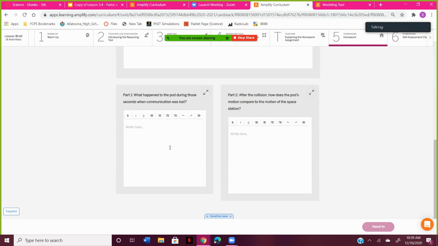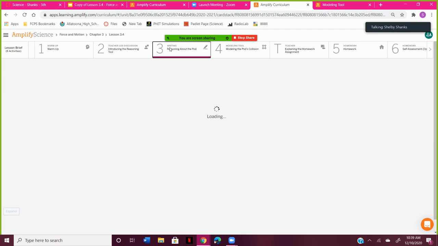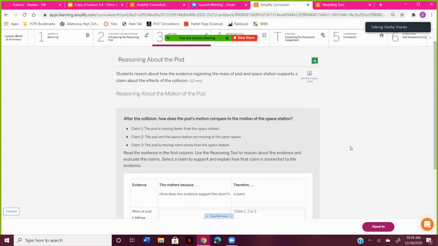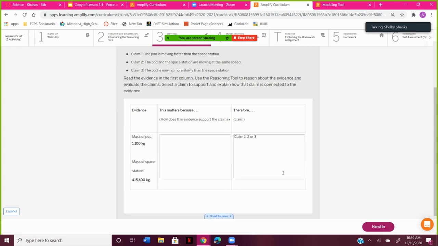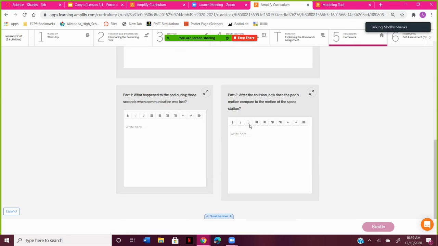All right, for this part 2, the question was, after the collision, how does the pod's motion compare to the motion of the space station? You can go back to tab 3 and take some of this stuff and put it in your writing here. Okay, so you are answering these 2 questions. These are the 2 parts of our report.